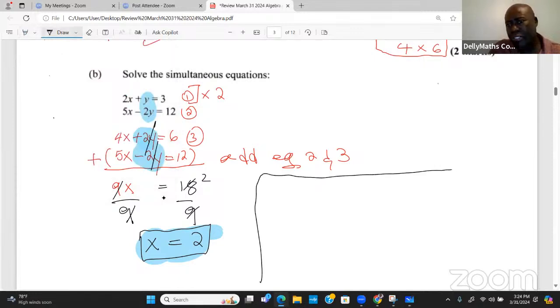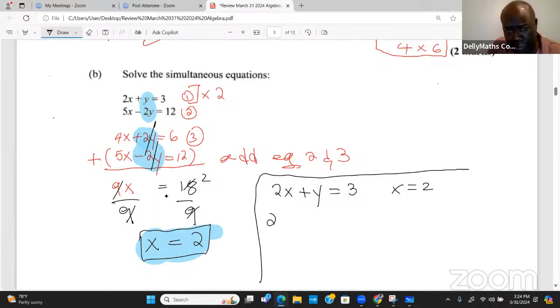Because when you're solving a simultaneous equation, the intention is to have your two variables having values for them. So let us use equation 1. In equation 1, I have 2x plus y, which is equal to 3. Remember, though, that x is equal to 2, which means I can substitute 2 where x is.